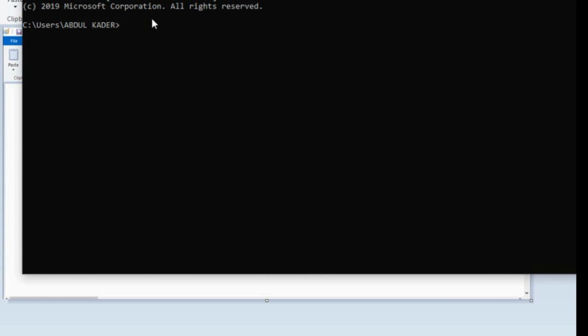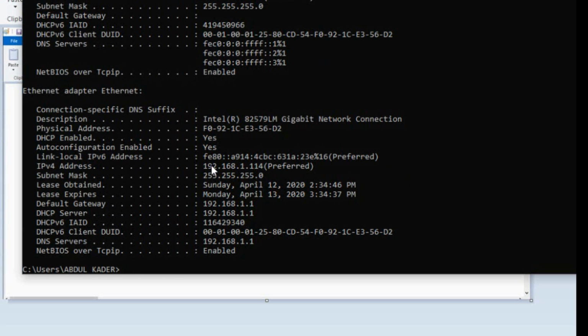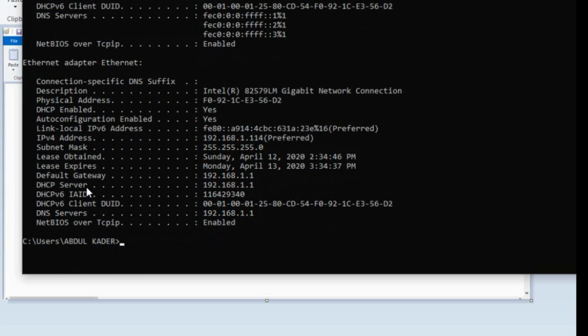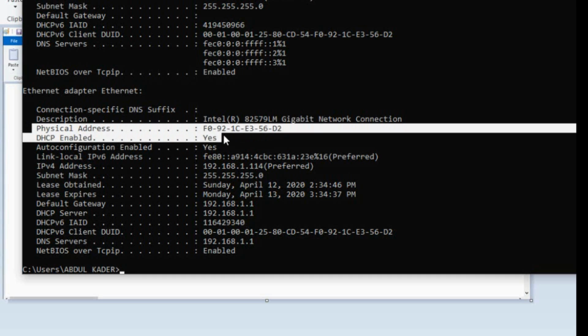Right now I'm in the command prompt, so I'm going to type ipconfig /all. You can see a lot of information gathered on the black screen. Here, alphabetically, is the word physical address. Let me highlight it to make it easier for you.